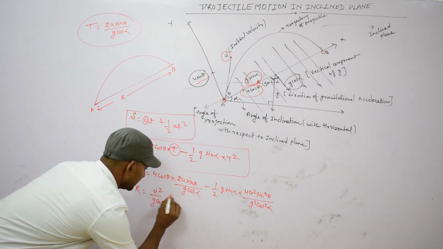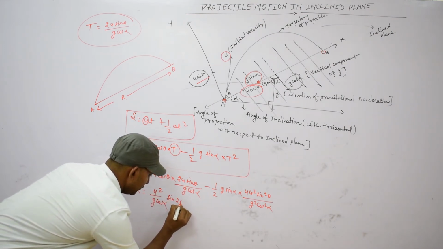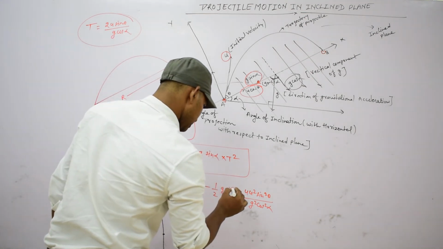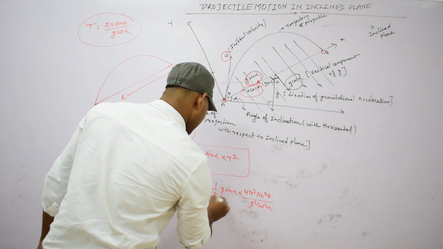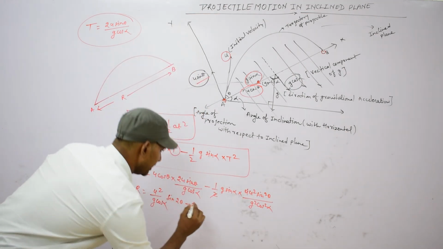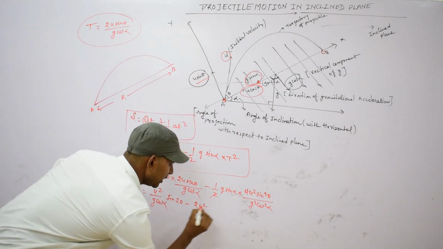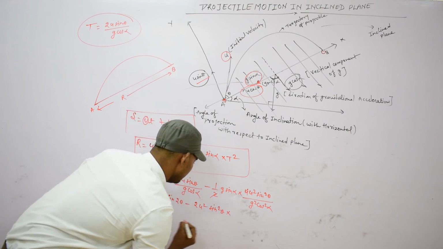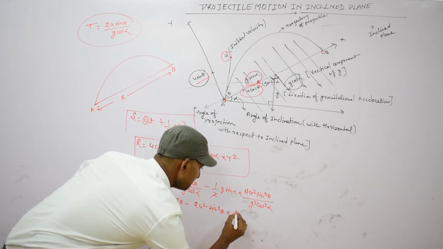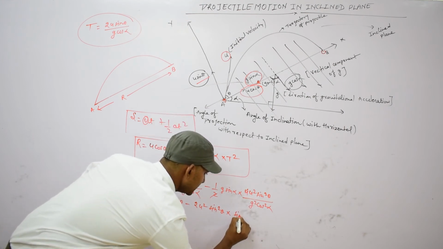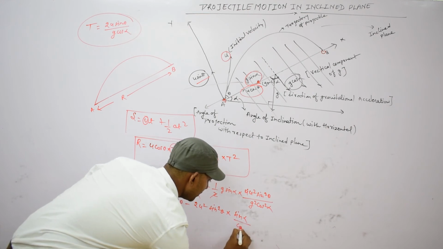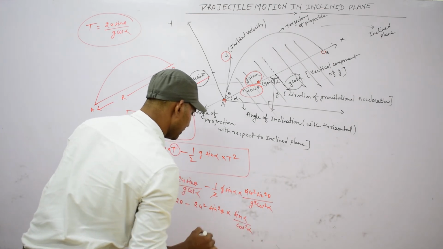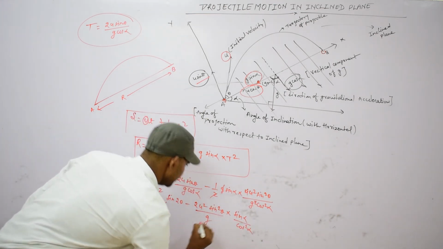So we can write in this manner, sin 2 theta minus, the two will cancel out, and you will get minus 2u square sin square theta into sin alpha upon cos square alpha, and one g component will cancel out, and in the denominator you will get g.